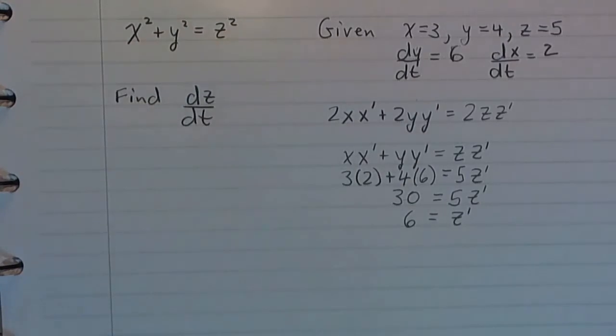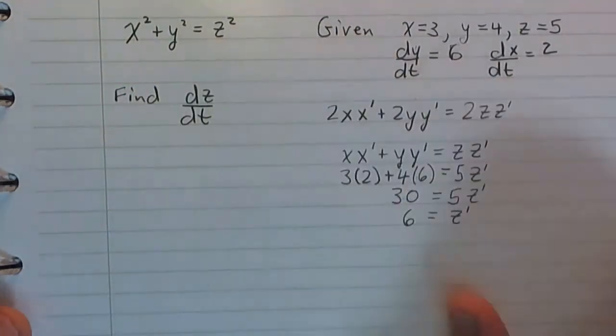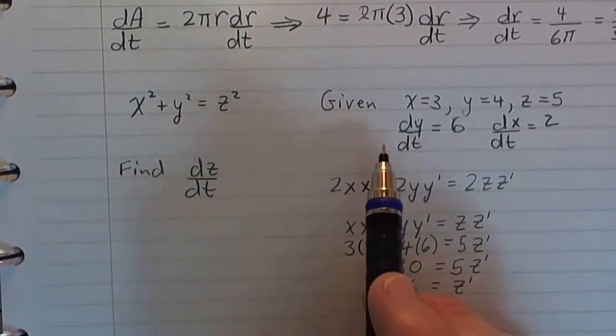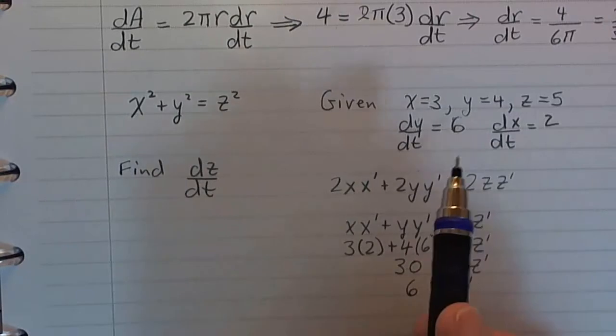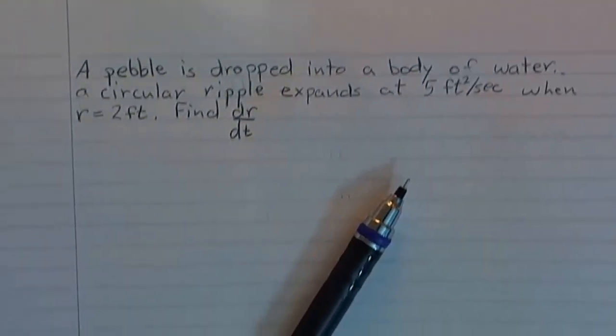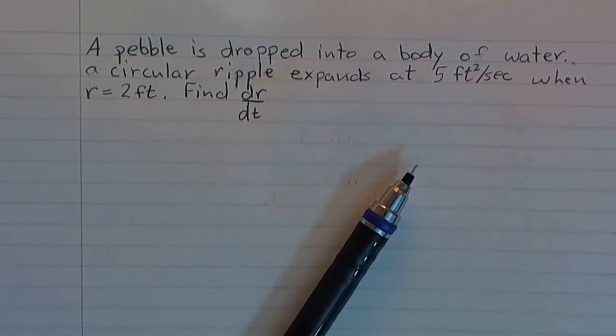Okay, so this kind of gives you an overview of how we use related rates. We're given a relationship, and then we use that relationship to find a relationship between the rates of change. So let's look at an example of how we might use related rates to solve a math problem.